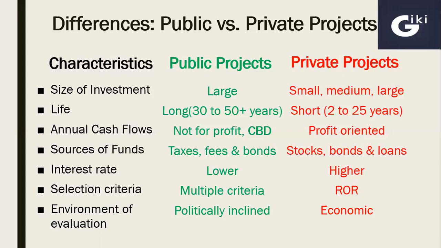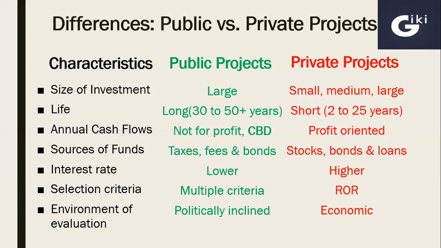For example, a major project is the construction of Kalabagh Dam in Pakistan. We are unable to start this project due to the environment of evaluation being politically inclined, because the sentiments of people of a specific province are attached to that project, and they are not in favor of constructing it.